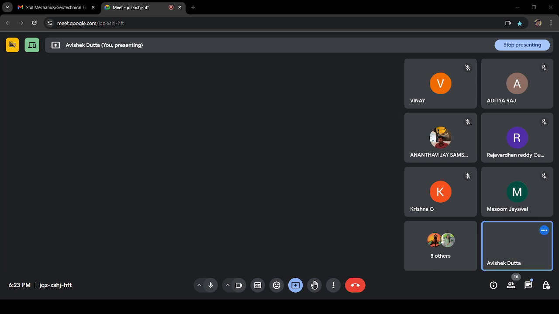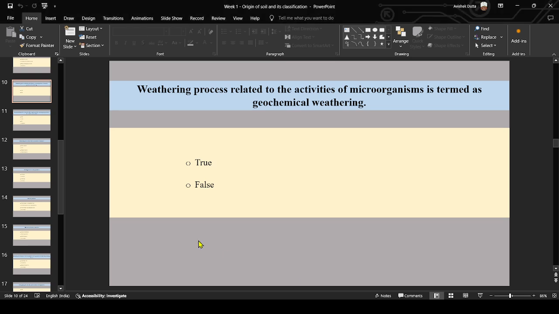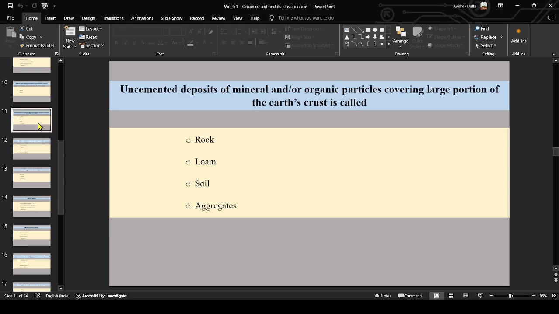Go to the next question. Uncemented deposits of mineral and or organic particles covering large portion of the Earth's crust is called.